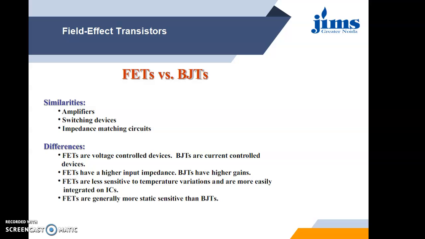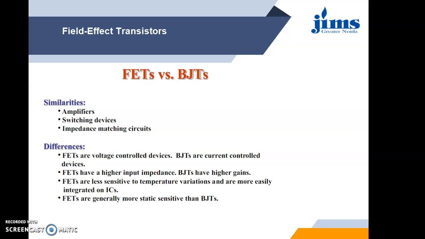Therefore, the transistor output current is a function of transistor input current, and therefore it is a current controlled device, whereas the FET is a voltage controlled device, which we will discuss later on in detail in this video.